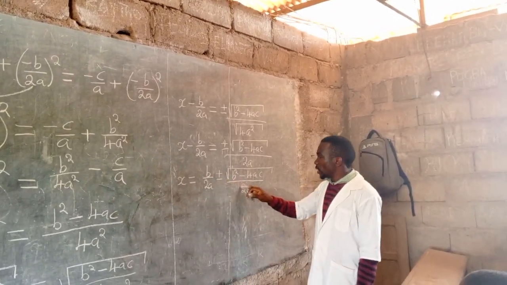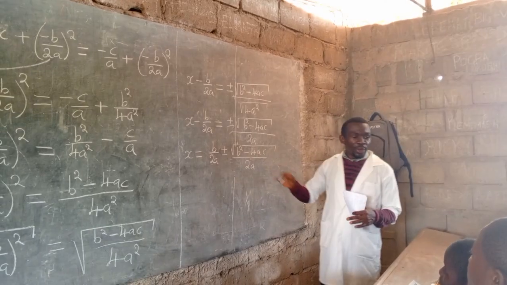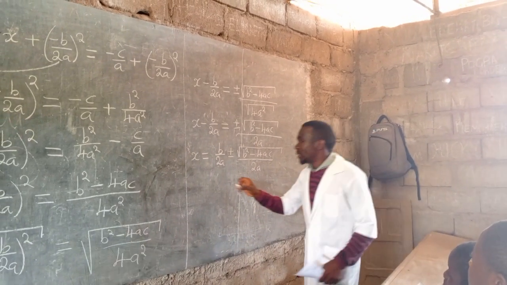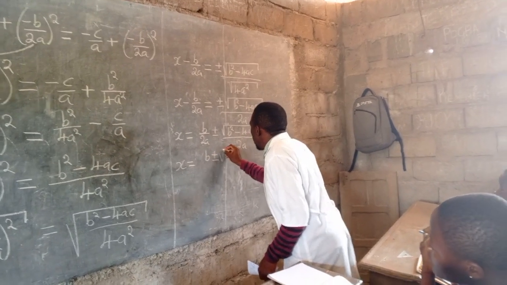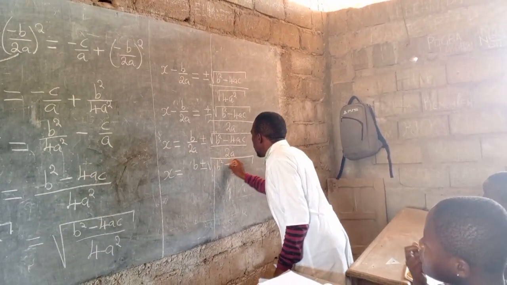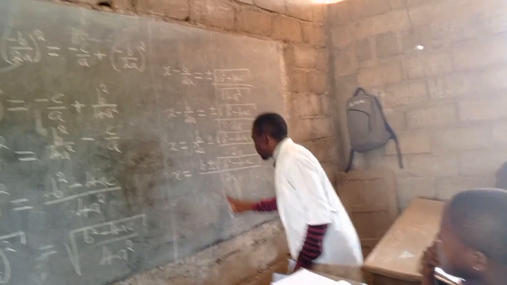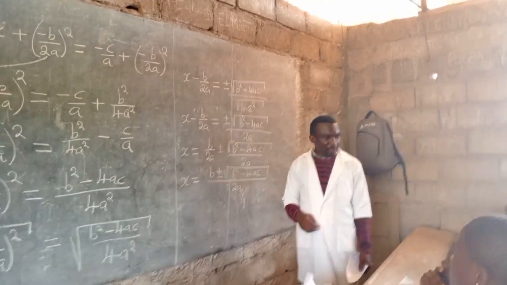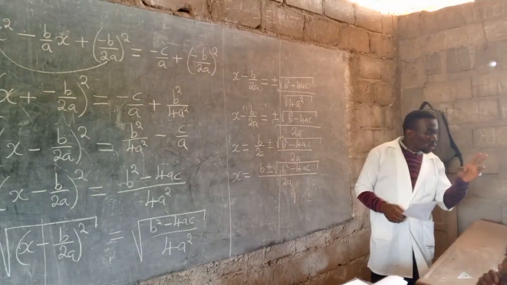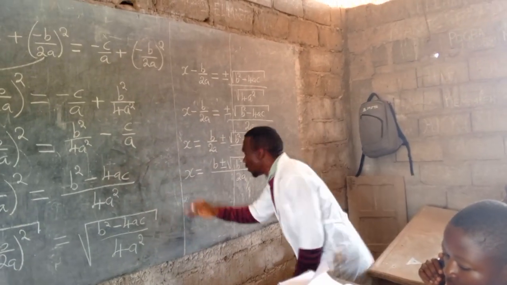You will see these two fractions have a common denominator, which is 2a. So we can add or subtract the numerators, then we maintain the common denominator. This will give us x equal to b plus or minus the square root of b squared minus 4ac on 2a. We cannot be working with plus and minus at the same time, and we know a quadratic equation has two solutions. So we can write down the two solutions.